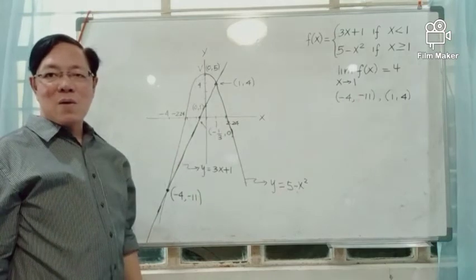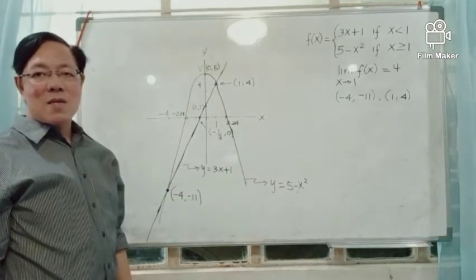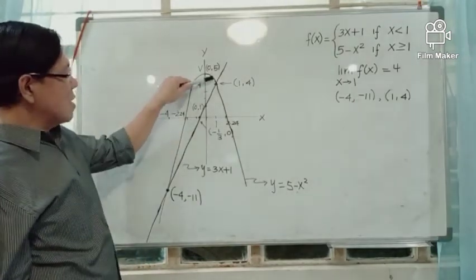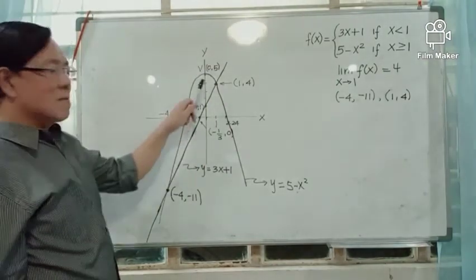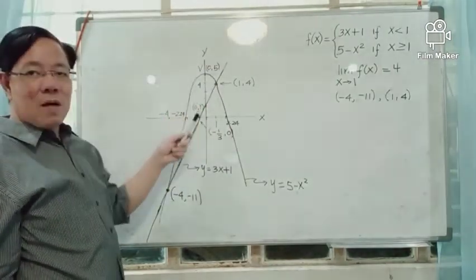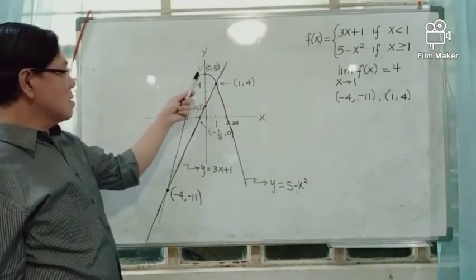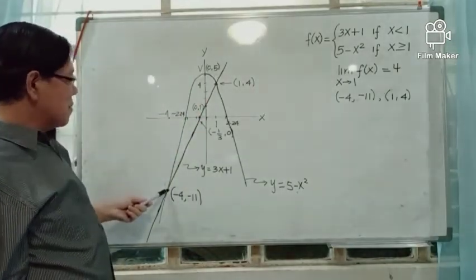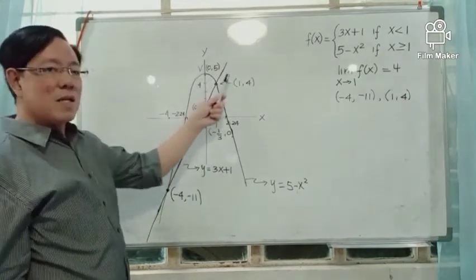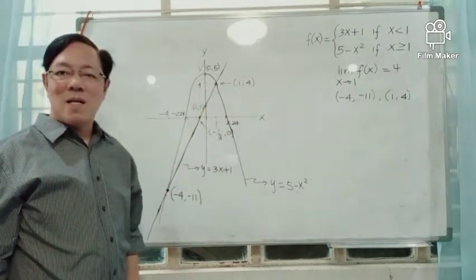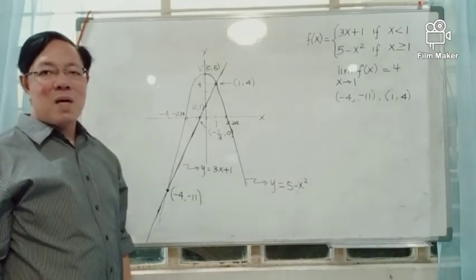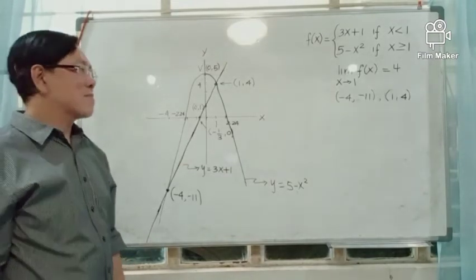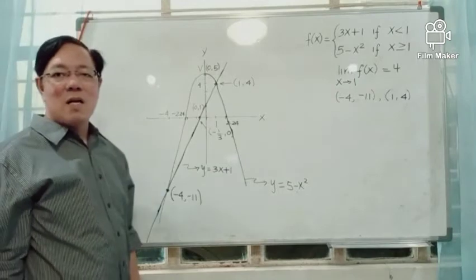In integral calculus, one of the problems is finding the area bounded by two curves. In this example, the area bounded by this part of the parabola and this part of the straight line. You can find this area using the process of integration, but we will not do that because our course is differential calculus.